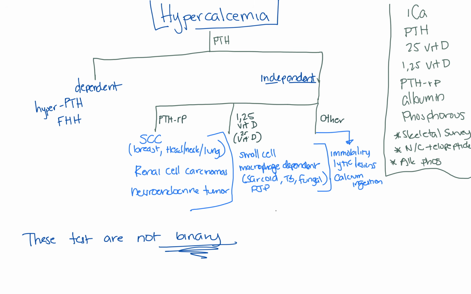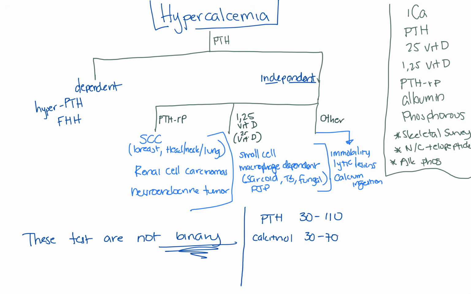Now, in most institutions, we have really wide ranges for what's considered positive or not positive. For example, PTH at our institution is something like 30 to 110, and calcitriol is something similar, like 30 to 70.